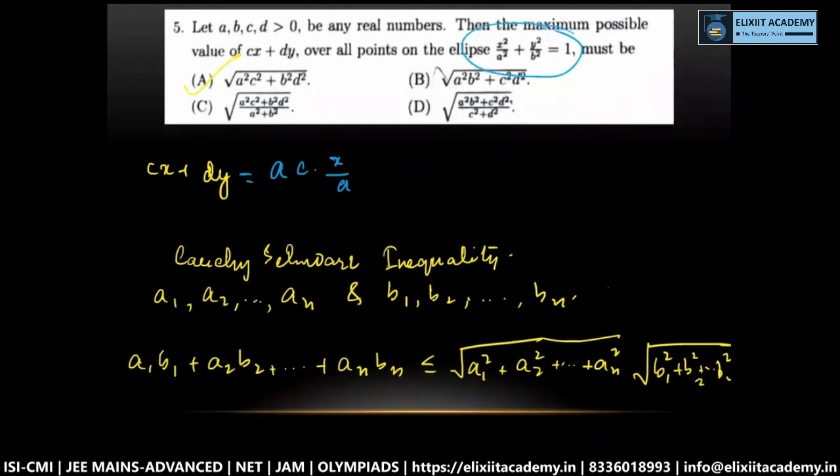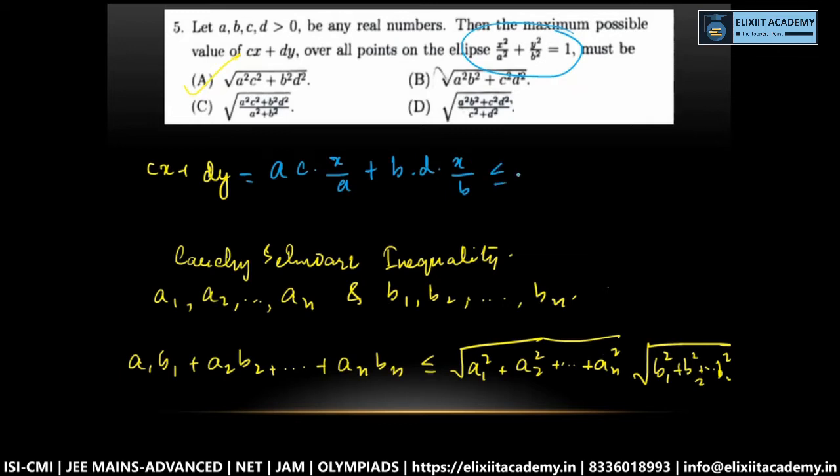Basically this is x square upon a square plus y square by b square equals 1. You have to use this condition as well. So ac into x by a plus bd into y by b, so that this a and a get cancelled out and this b and b get cancelled out.